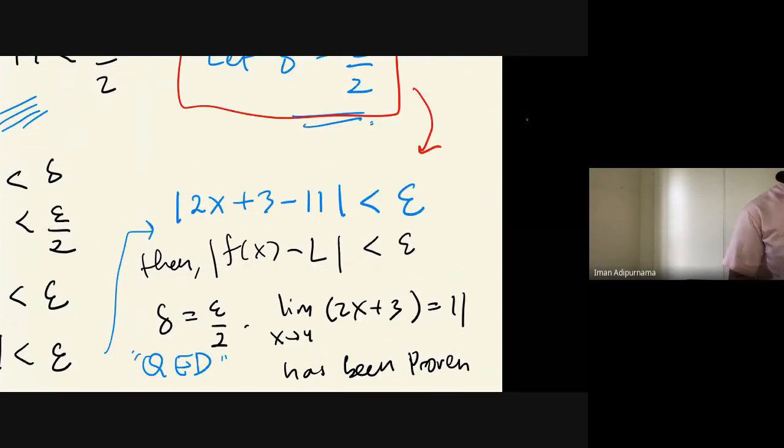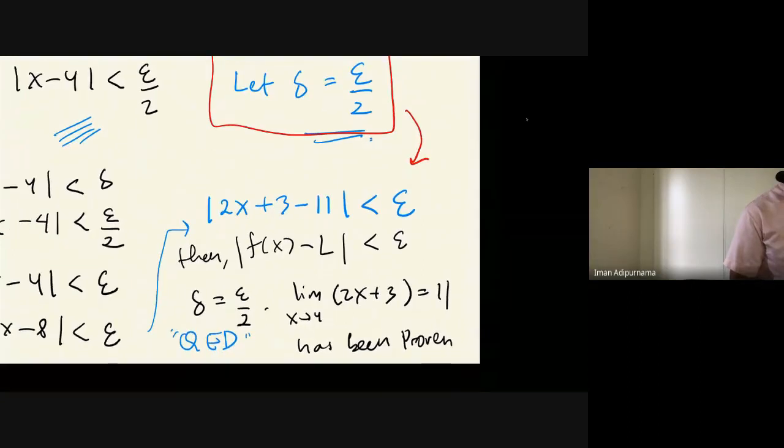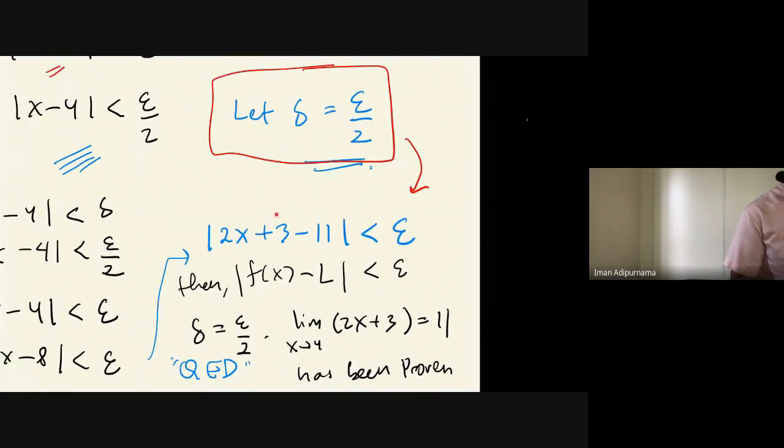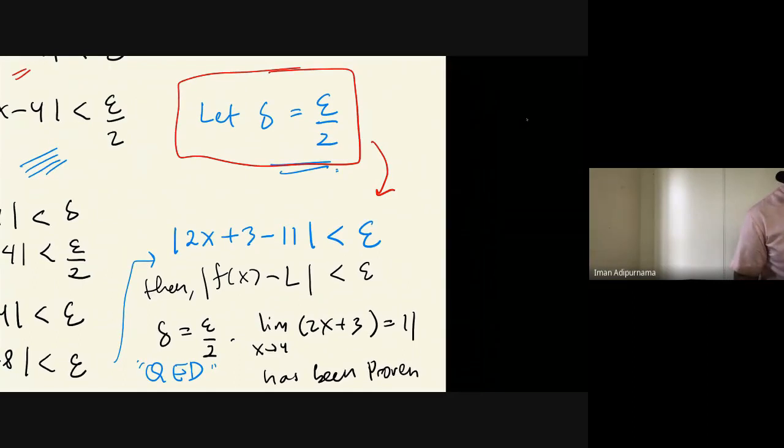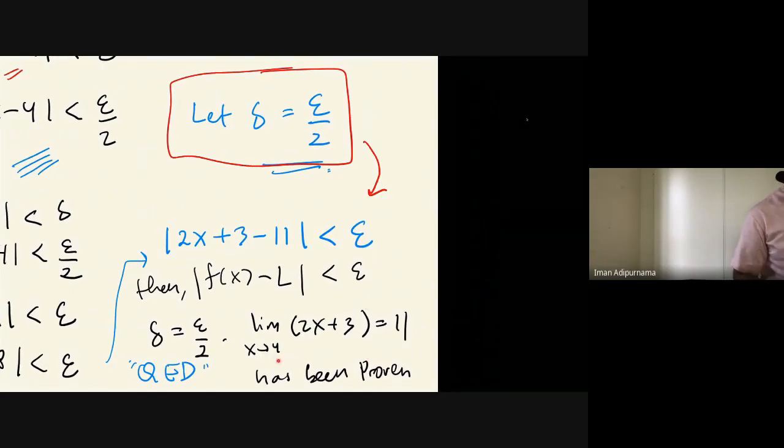So by this expression, we are proving that with the delta equal to epsilon over 2, this limit is true by this delta epsilon relation. So the important thing is you need to find the delta and epsilon relations.